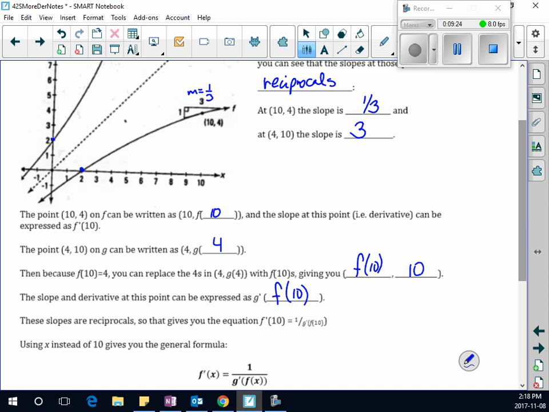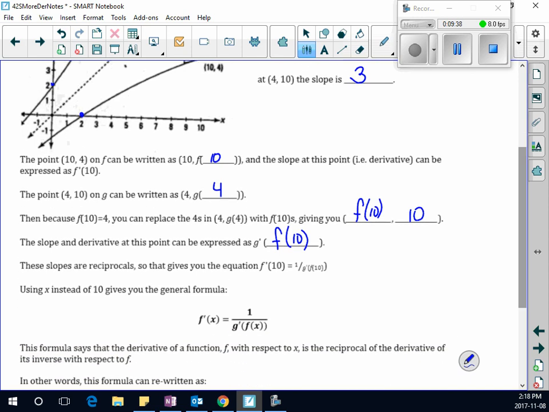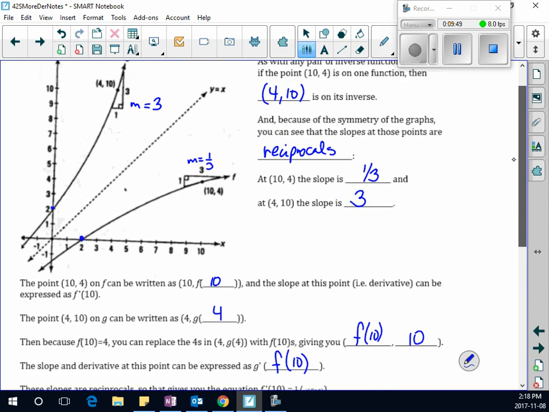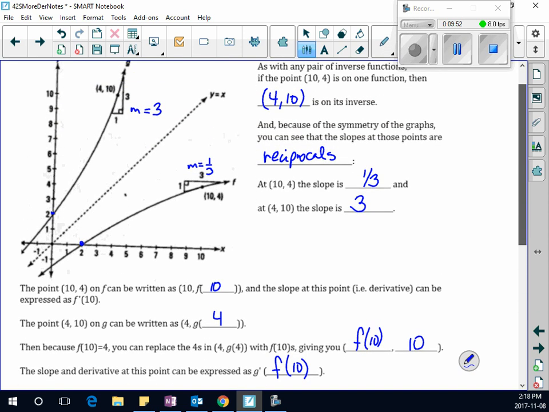These slopes are reciprocal so that you get f prime of 10 is equal to 1 over g prime of f(10). Okay, so let's think about this for a second. The derivative at g(4) was 3.